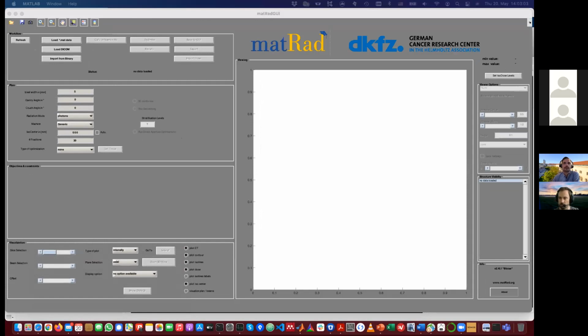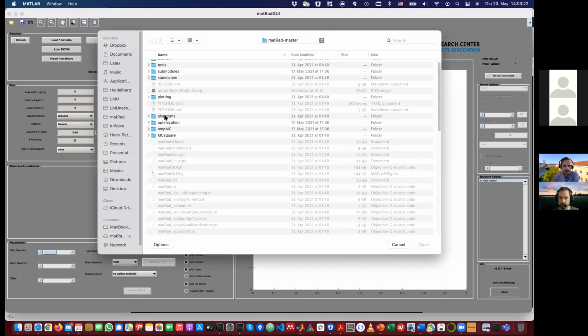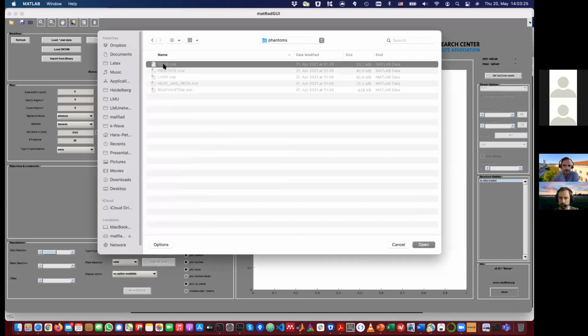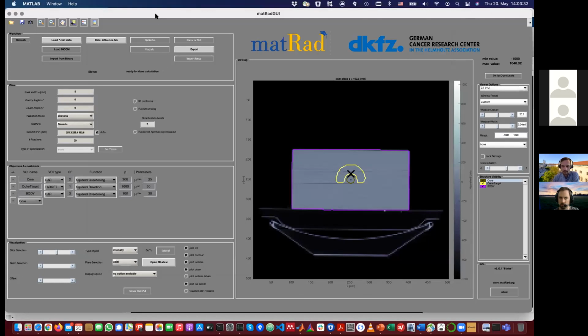And now I also have to open the PDF. And for the first exercise, we will start easy and slow. First of all, we load again the TG119 phantom. So I navigate to my Phantoms folder and select the TG119 phantom, and then it should show up.